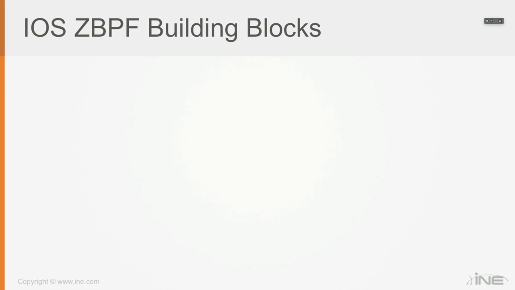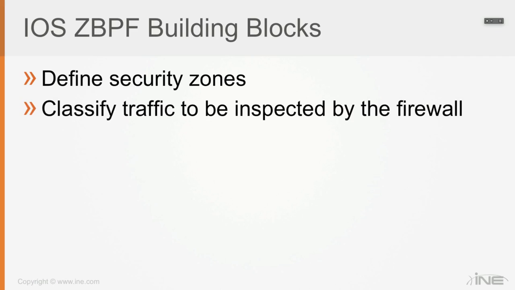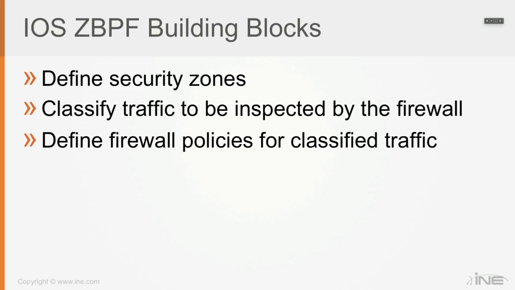Now the building blocks, which is very important to understand in any technology. Once you understand what it does and how it works, you've got to know the building blocks. The building blocks are: we have to define security zones to begin with. Then we have to classify traffic to be inspected by the firewall. Then for the classified traffic, how do we want the firewall to inspect that traffic, or what do we want the firewall to do with that kind of traffic?